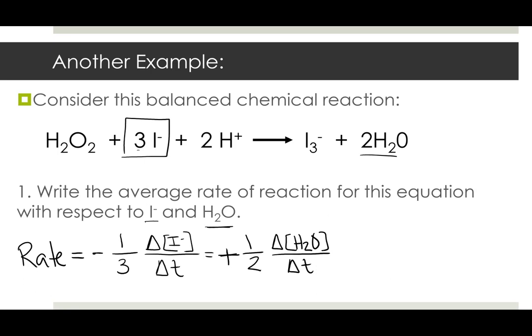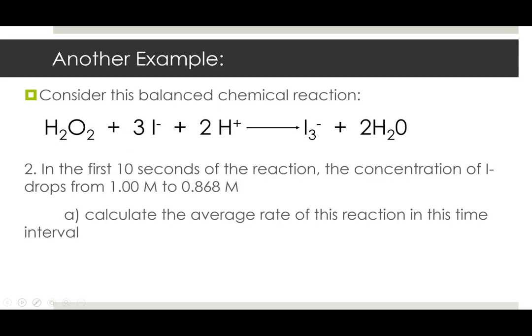Okay. So let's throw some numbers into this. So let's look at this. In the first 10 seconds, the concentration of that iodine dropped from 1 molar to 0.868 molar.